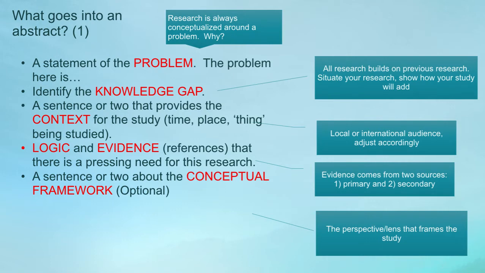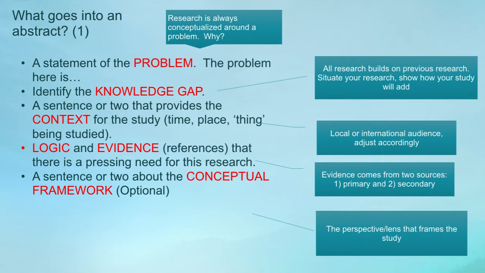I'm using a catch-all phrase, conceptual framework, but what I really mean is the perspective or lens that you are using to frame your study. So it could be a model, a process framework, or some kind of diagram that shows mobility through the diagram. It could be a theorist, it could be anything that is a broader lens.